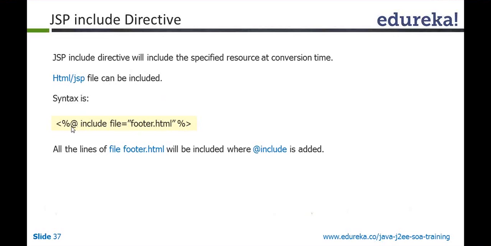The syntax is scriptlet at directive, that is the page directive, include directive file, the HTML you are including, and then you close the scriptlet. All the lines of the file footer.html will be included where the include is added. So at this location where exactly you have specified, exactly there the complete contents of footer.html will be included.